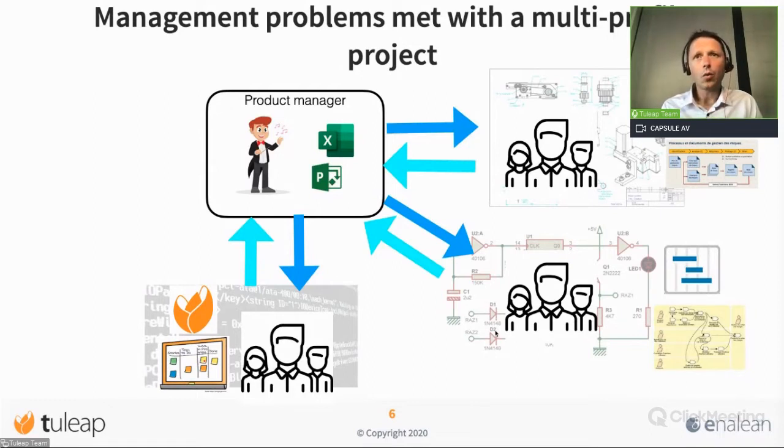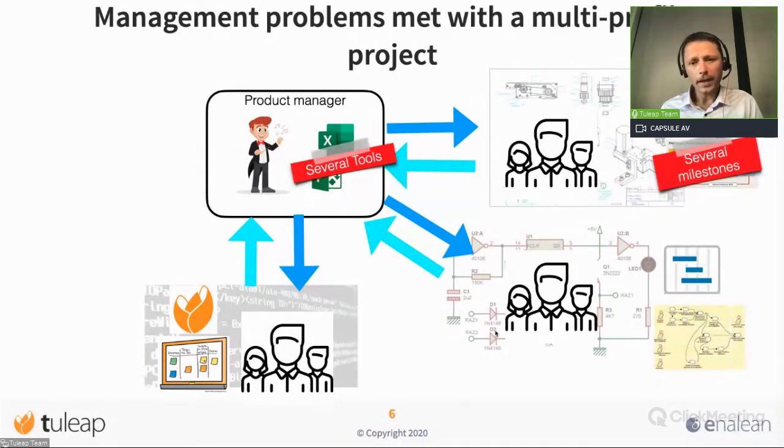So what we can see here. First problem, we have several tools. This is a real problem. Why? Because when you have several tools, one tool per team, that means the data are not the same. There is one time that you have to merge all this data, and you will lose a lot of time.